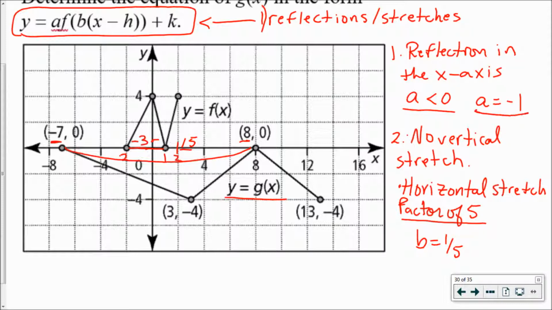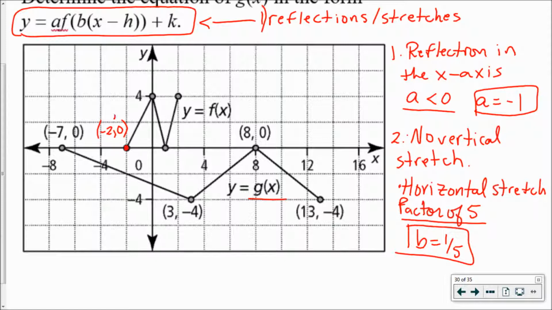And now that I know a and b, I'm going to calculate the values of h and k using the coordinates of some points. So I'm just going to clear this off so we have some more space to work with. There we go. Look at, say, this point right here, which is -2, 0. And it has become -7, 0.